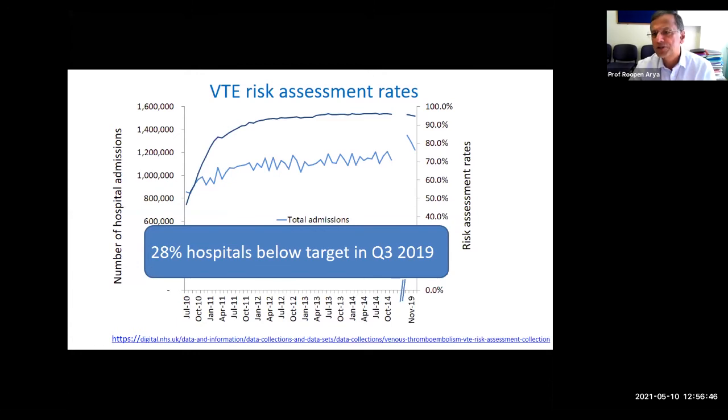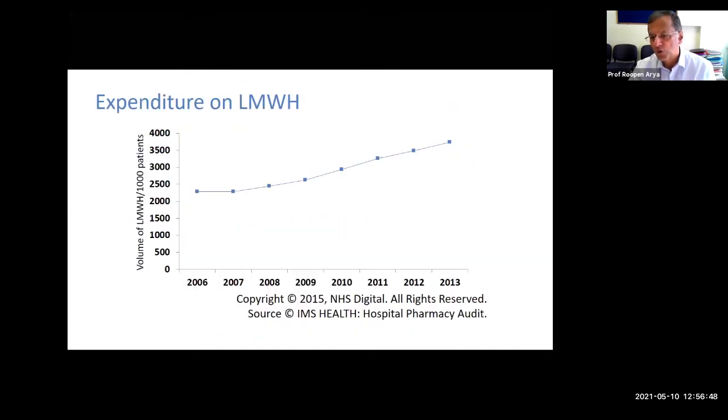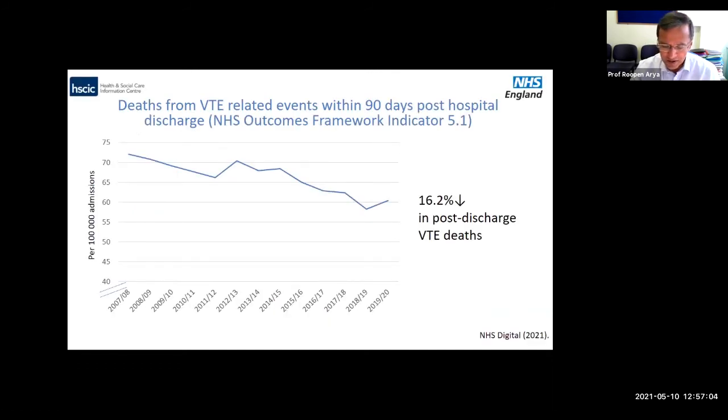There's no national data on thromboprophylaxis use per se, but expenditure on low molecular weight heparin used for prophylactic doses is a useful surrogate marker. And unsurprisingly, this has gone up in recent years.